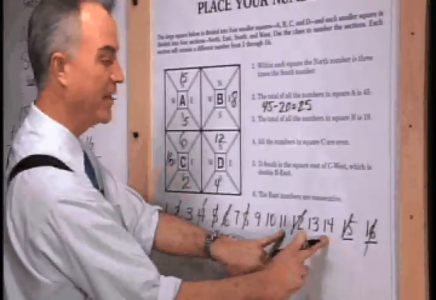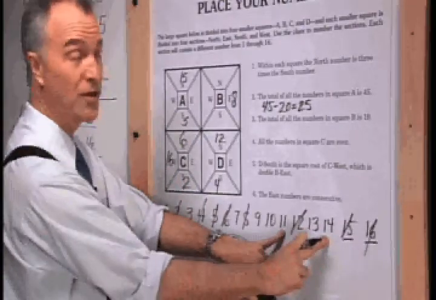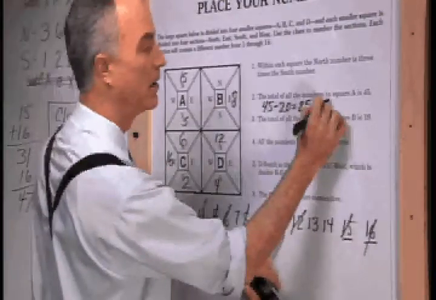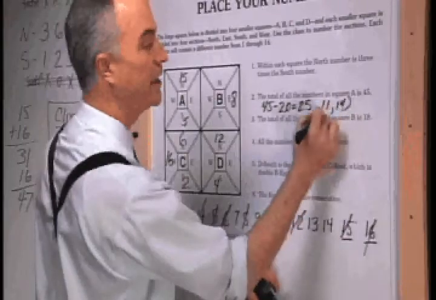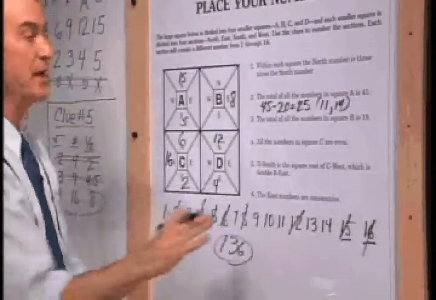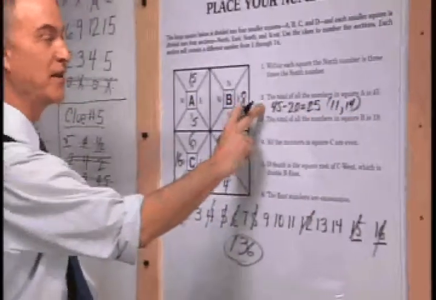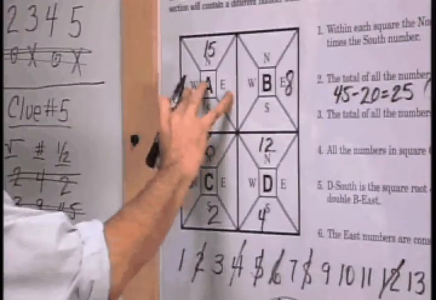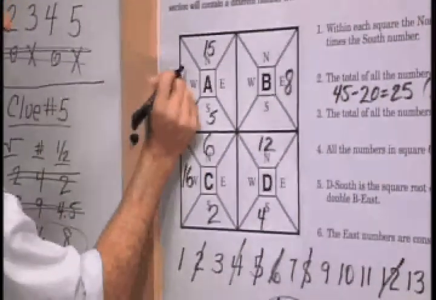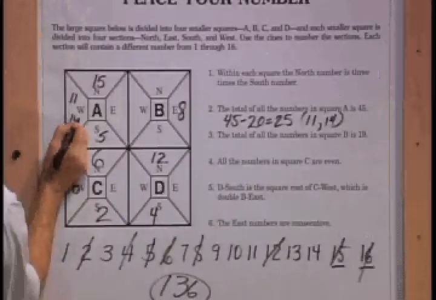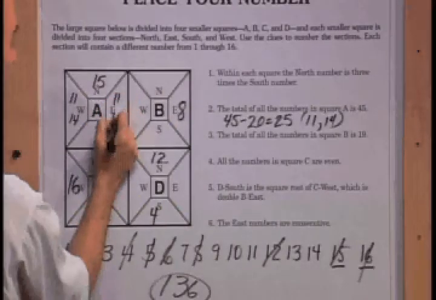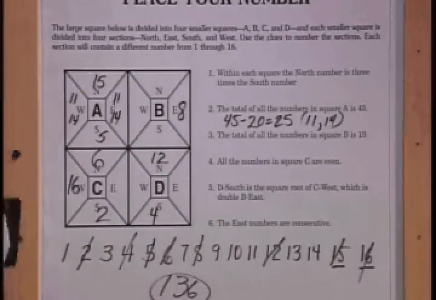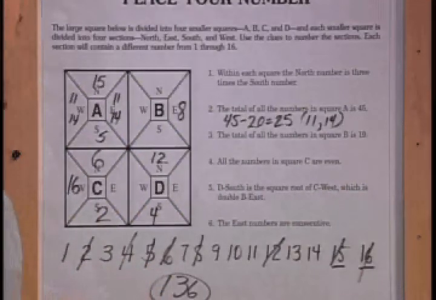How about 11 and 14? As it turns out, 11 and 14 is the only remaining combination that's going to satisfy clue number 2, getting this to add up to a total of 45. That means that west is either 11 and 14 or east is 11 and 14, and we're not quite sure which one is which yet.